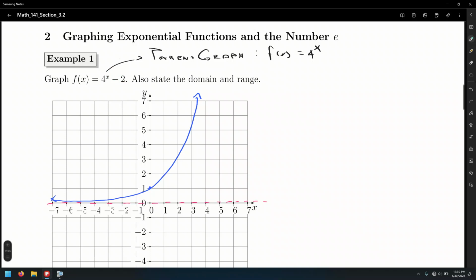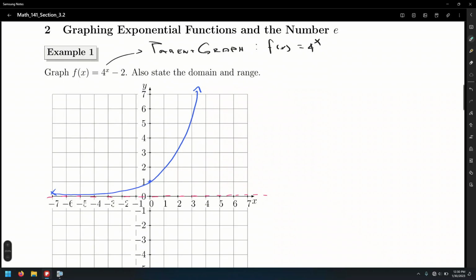So in this case, this -2 means shift down 2 units.